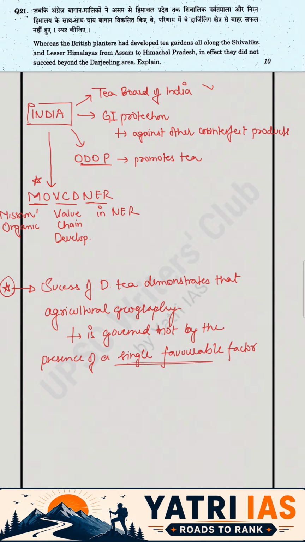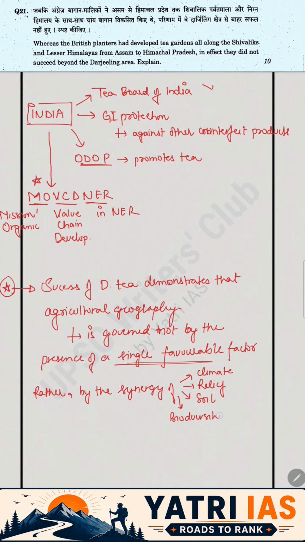So the success of Darjeeling tea does not depend on just one single favorable factor, but rather on the synergy of climate, relief, soil, biodiversity, human interventions. So the synergy of all these things helps in the success of Darjeeling tea.